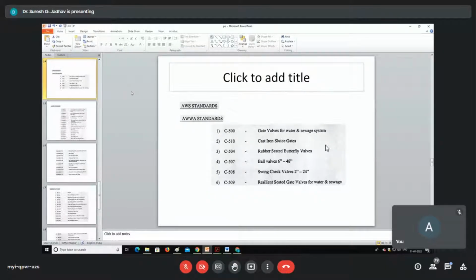Now another standard to consider is the AWS standards. AWS is nothing but the American Welding Society. It provides information on welding fundamentals. What kind of welding fundamentals do we learn in workshops? Different kinds of welding processes, and we weld on the job. So with the help of AWS, it provides information on welding fundamentals like weld design.